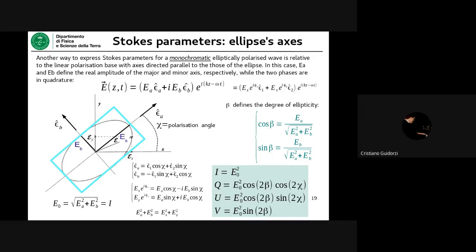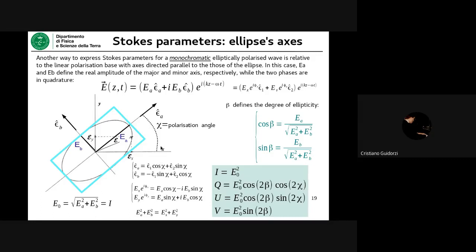It's like rotating the XY axes. You see that the maximum intensity on a given axis is measured when chi is 0. When chi is 0, you will have the maximum value for Q, but Q is the difference between the intensity along one direction and the opposite one.